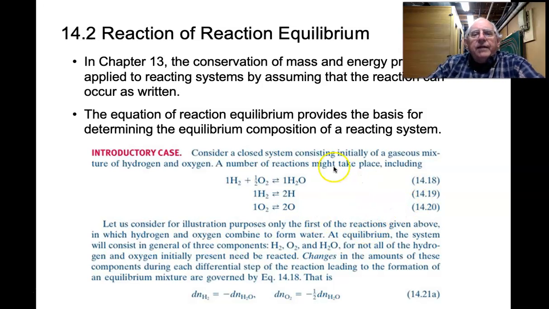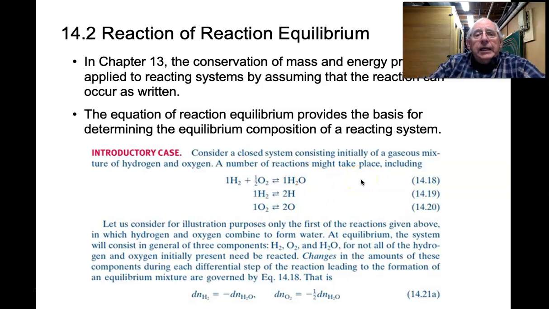The problem with that, though, is that in chapter 13, when we balanced atoms, we came up with the fact that the stoichiometric coefficient in front of the water had to be 1, and that there were no other components of the products.